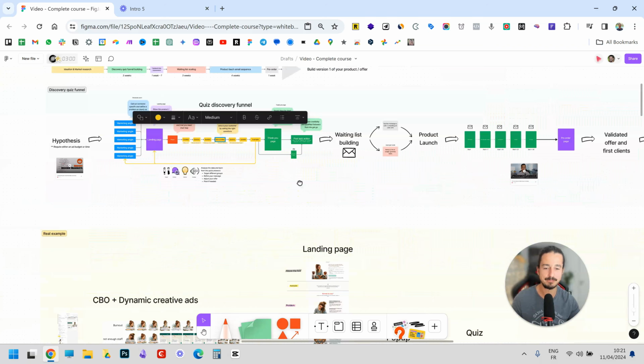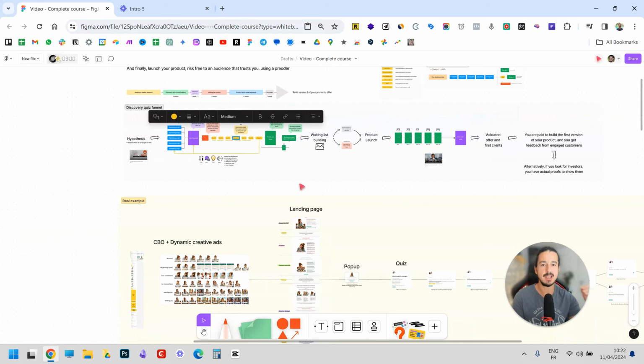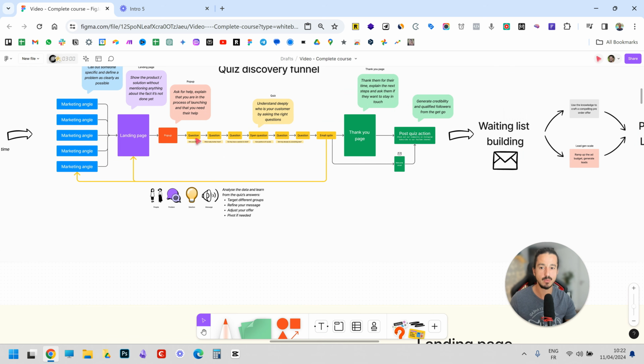What's an open question? It's a question that is made for them to write in their own words. You certainly don't want to have an open question at the beginning of the quiz, because it is too complicated for them yet to take the time to do that. But once people start a quiz, once they have replied to a few simple questions, two or three questions, they have already made a commitment.